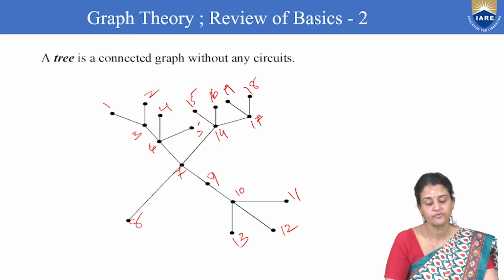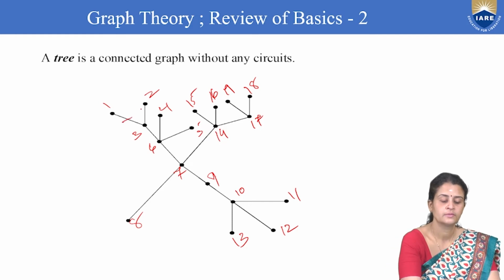Okay, 19 vertices. How many edges are here? 1, 2, 3, 4, 5, 6, 7, 8, 9, 10, 11, 12, 13, 14, 15, 16, 17, 18.